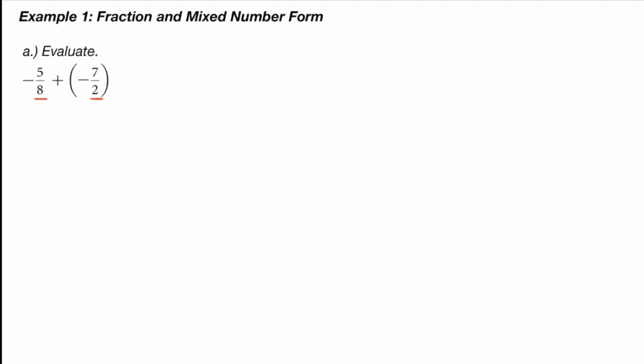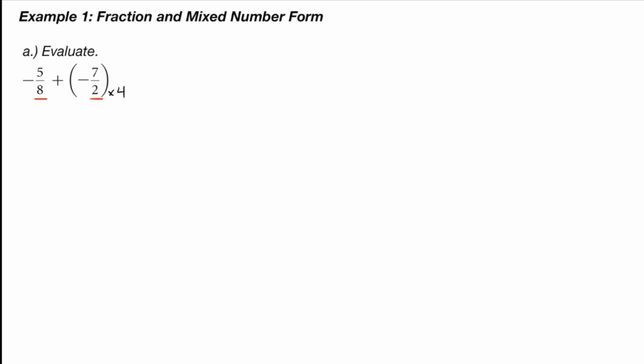What are the common denominators between these two numbers? I can multiply the 2 on the bottom by 4, because 2 times 4 is 8. So then, hey, they're common denominators now. 8 is the common denominator.